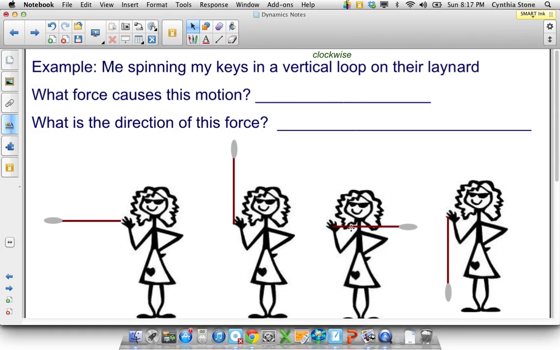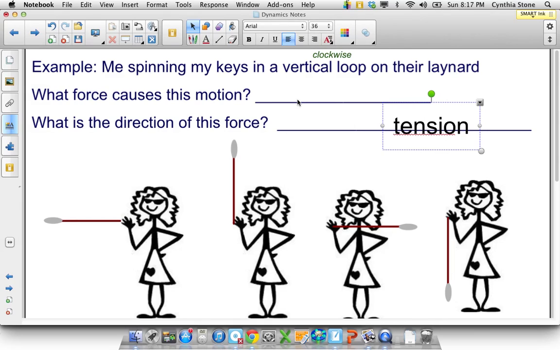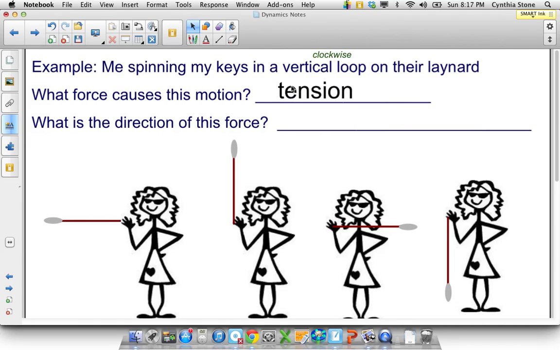But if you think about the keys specifically, what's causing the keys to move would be the tension in my lanyard. And then I cause that tension by the force in my hand, right? But the force causing the motion of the keys themselves is tension, okay? We've talked a little bit about tension. And then the direction, just take a guess. The direction is always towards the center of my circle, okay?